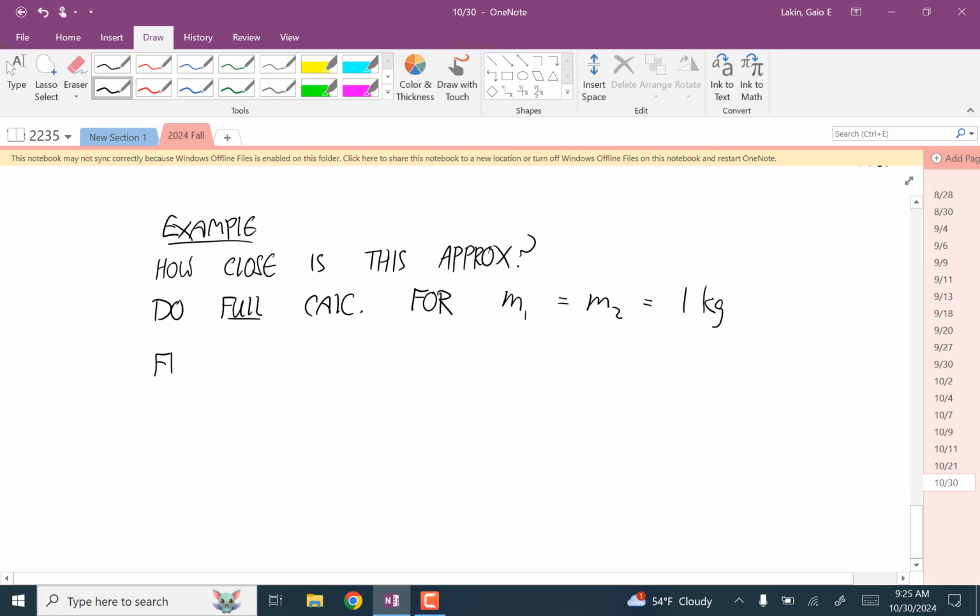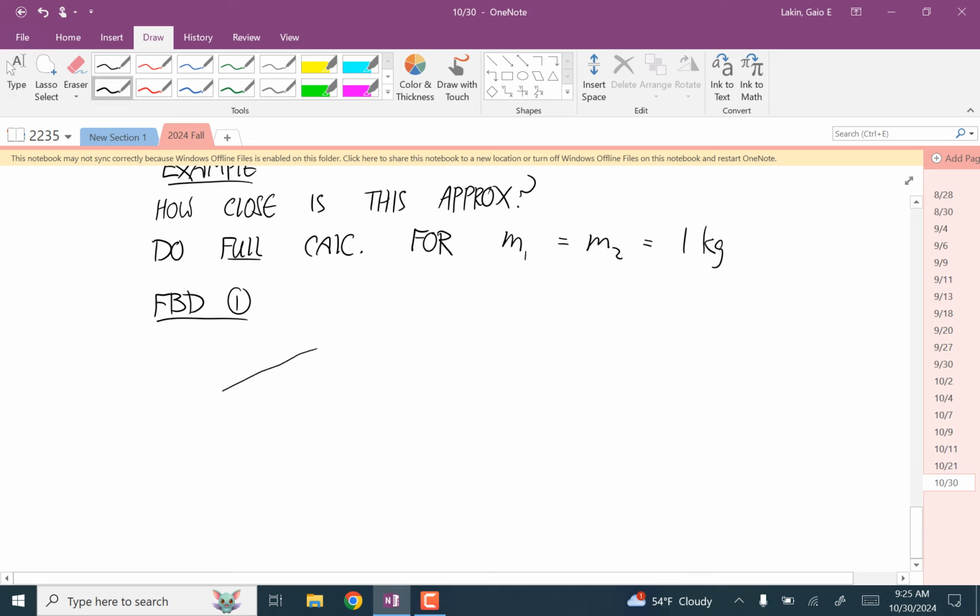Okay, so free body diagram of member 1. Up at that pin B, the pin is part of member 1, so that 1,000 Newton force acts here. We also have the force on 1 by 2. We have a weight force down of 9.81. And here we have a reaction force RA.